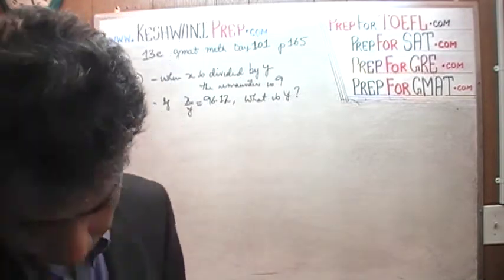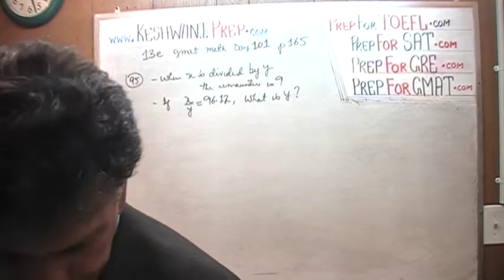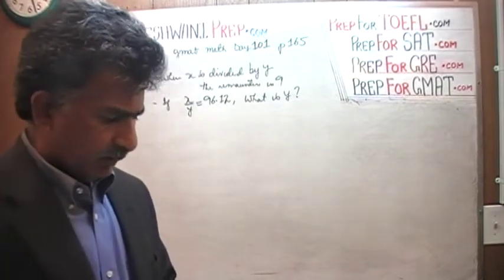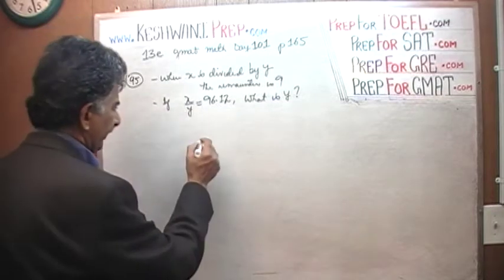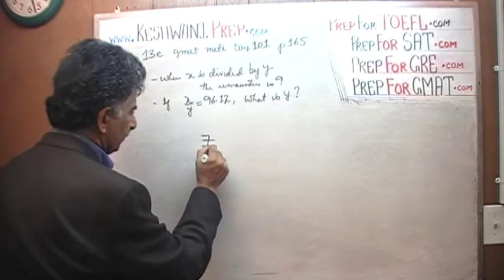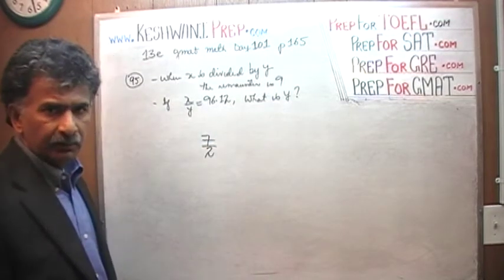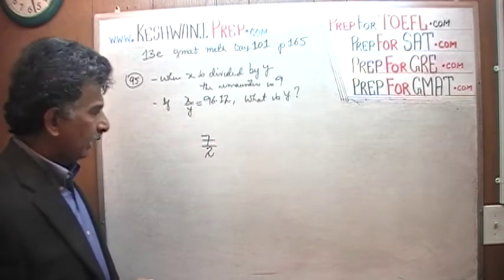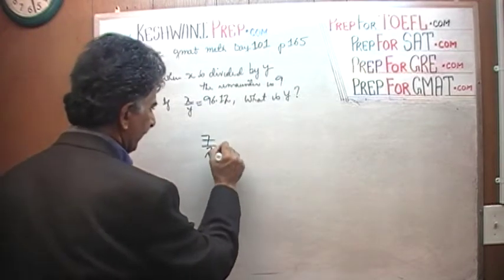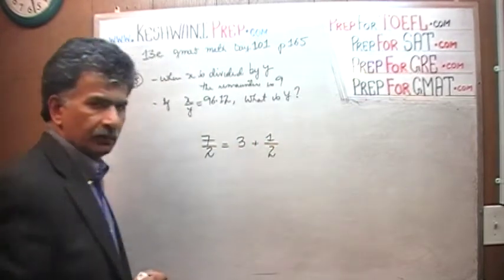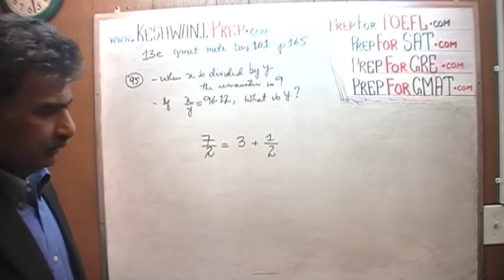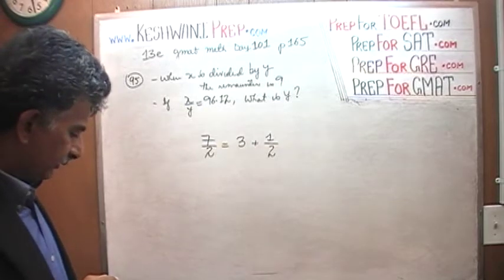Let's understand what they're talking about here. Let's first understand how to write something divided by something. For example, if I tell you that 7 divided by 2 has a remainder of 1, how would we express this? This would be the same as 3 plus 1 over 2. I know I'm being silly, but we need to understand this. Just be patient, okay?